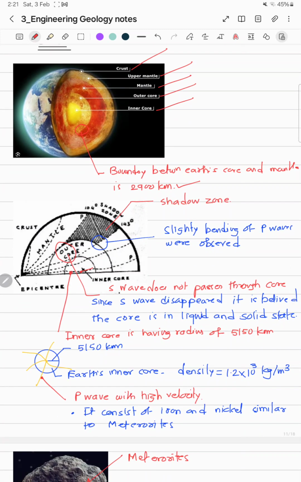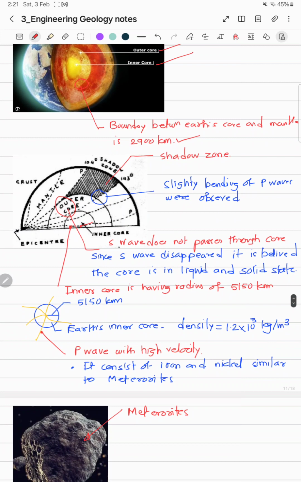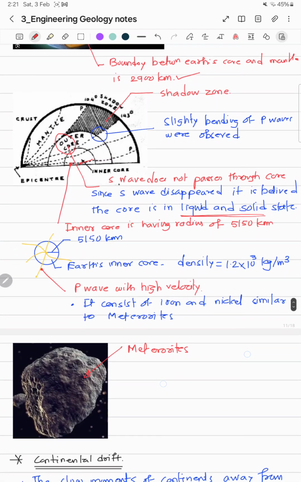The core portion is very dense, as the S wave, a seismic wave, could not pass through the core portion. It is considered that the earth core contains some solid and liquid portion, and it is divided into two parts, outer core and inner core.